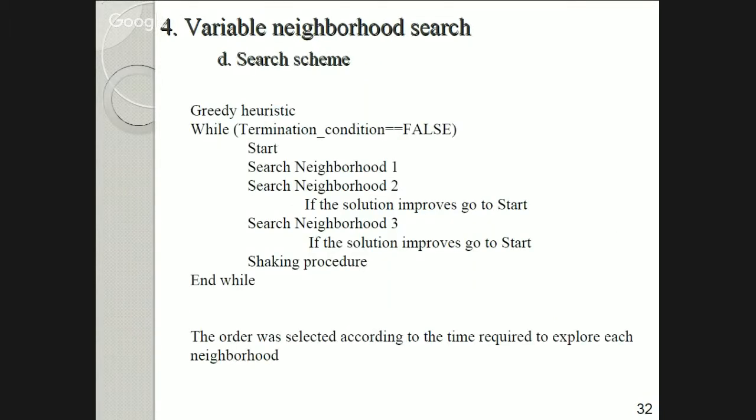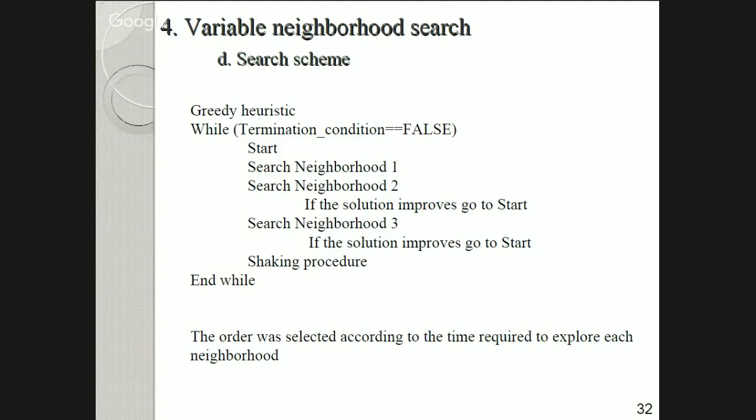And the search scheme works as follows. We first apply the greedy heuristic. The first solution, we obtain it using the ordering of the sets from most difference between elements of the set to least difference. Once we have this first solution, we start scanning neighborhood 1. If the solution improves, we go to neighborhood 2.